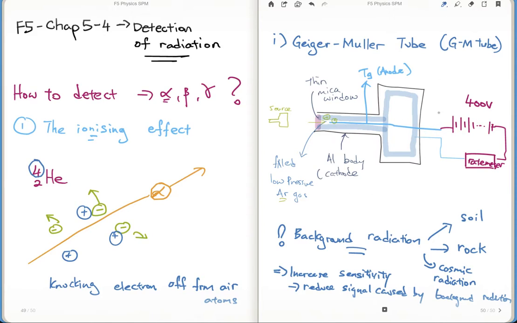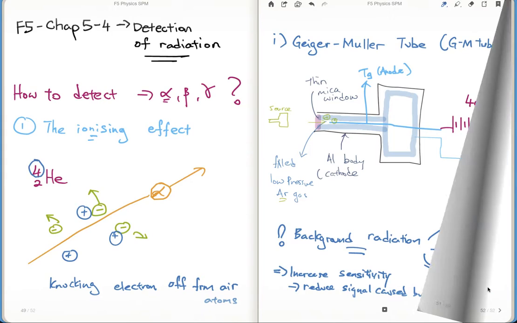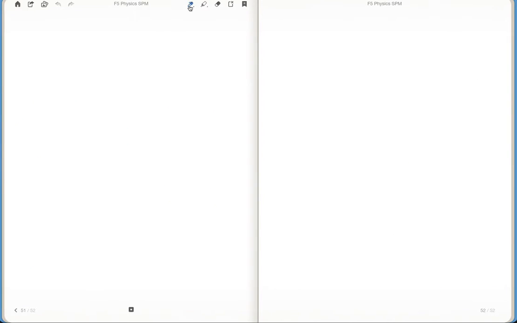Then you may want to go through the other ones yourself from your textbook, but the summary would be, for example, alpha, beta, gamma: how am I going to detect them? The characteristics are that alpha has a huge mass, gamma is just a wave, and beta is just an electron.